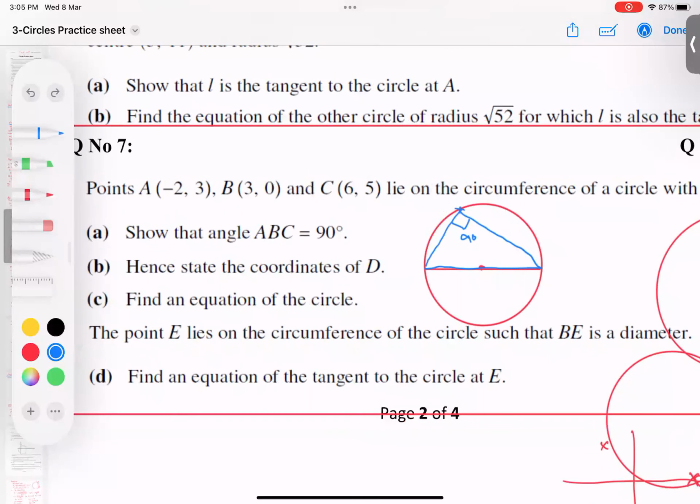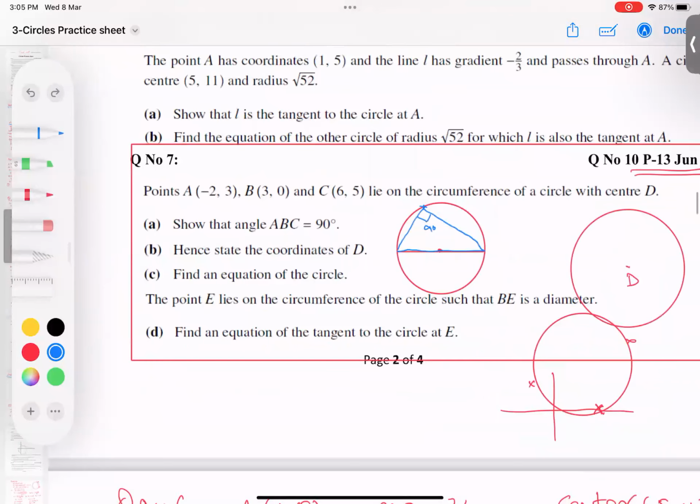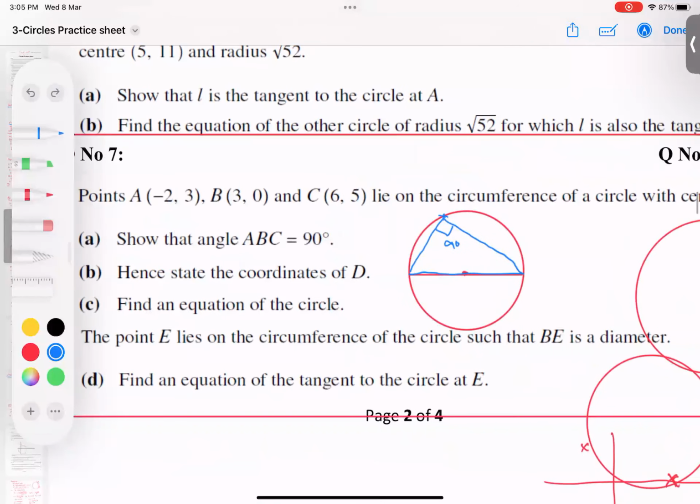So how to show the angle ABC is 90 degrees? There are two techniques. One technique is using the Pythagoras theorem. It's too lengthy. And one is the easy way. What is the easy way? Because the middle letter is B, with A here and C here. Gradient of AB you will find first. Gradient of BC you will find second.